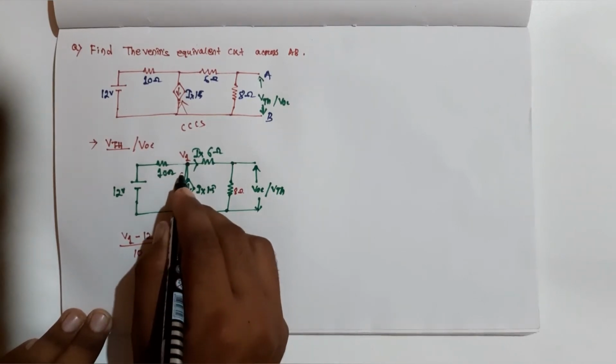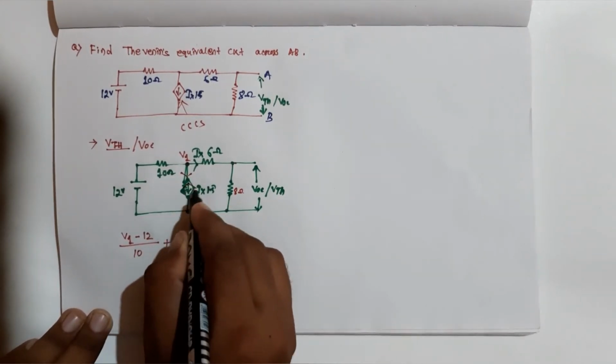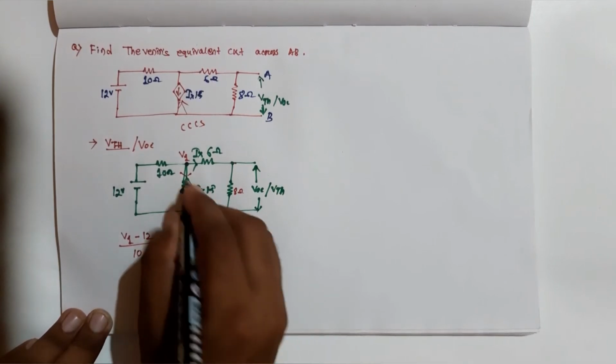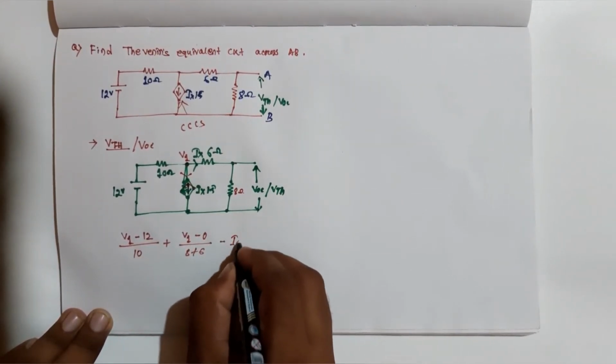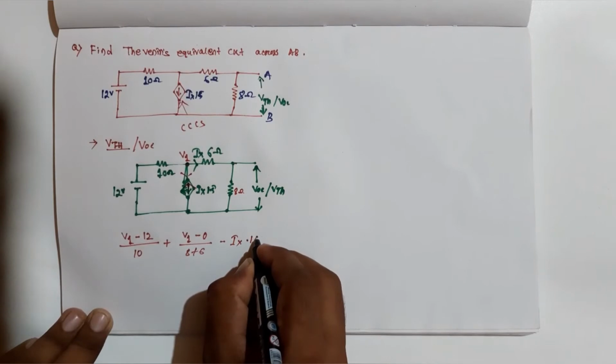Then this current is upward, so this is minus Ix into 1.5.